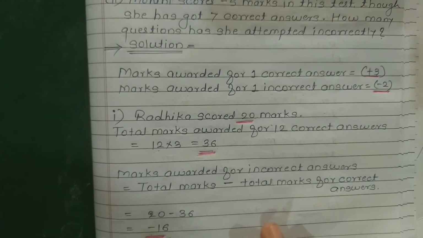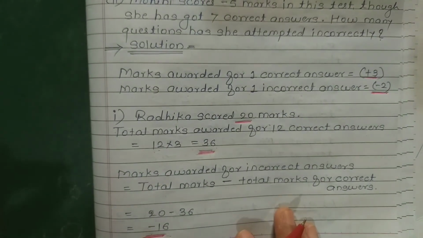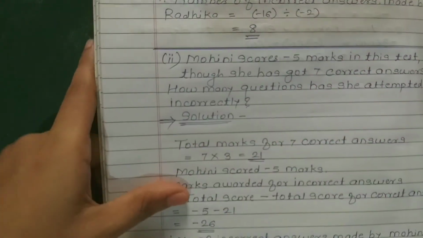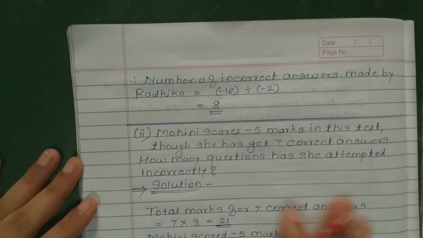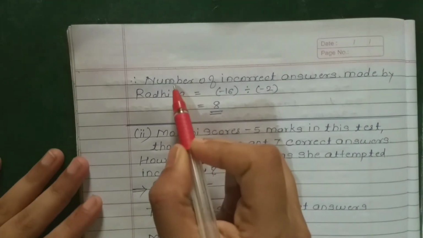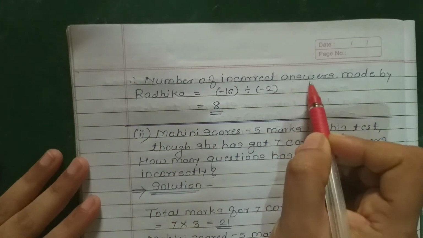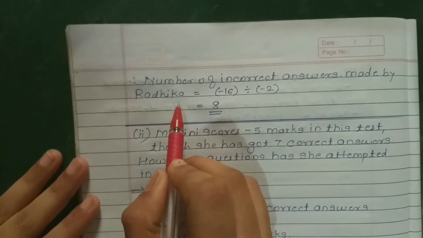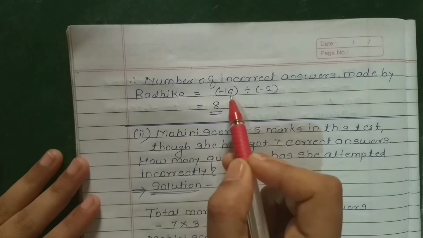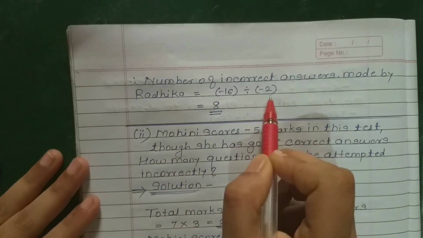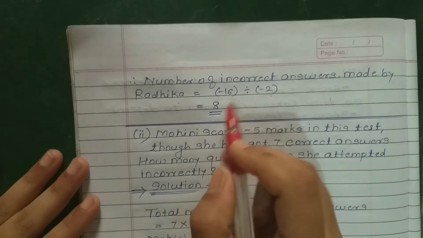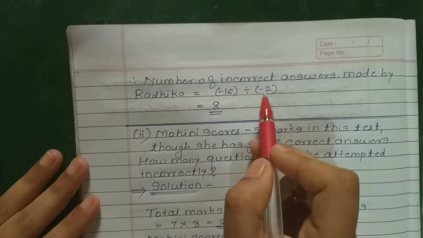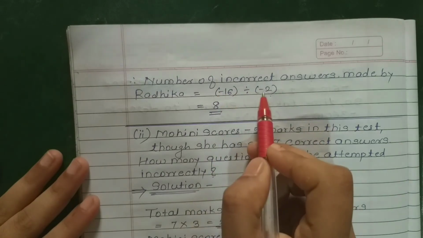So here we have to find from many to 1, or 1 to many. So here we use division. We can find the number of incorrect answers made by Radhika is equal to negative 16 divided by negative 2. Okay, so negative 16 divided by negative 2 is 8, since both integers are negative, and the negative is cancelled here.